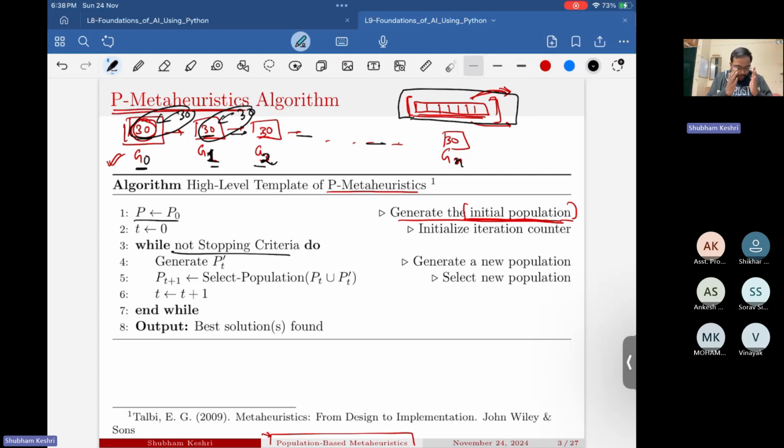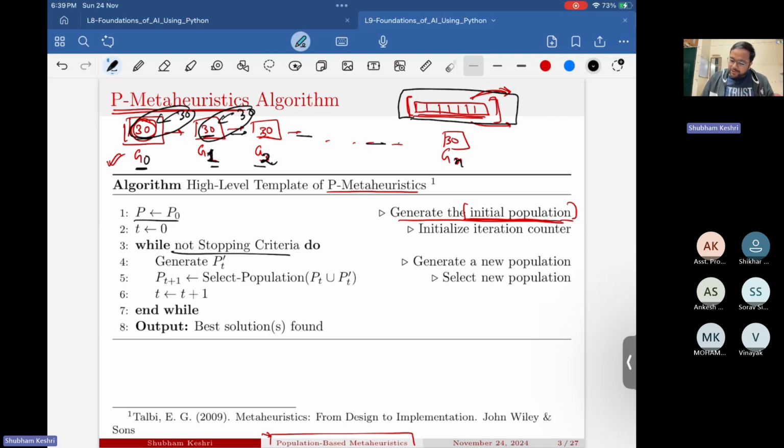Suppose you are at generation 100 and from 100 to 120 the best individual in the population did not change. Then we can safely terminate the genetic algorithm, supposing we have converged to a solution. That can be one stopping criteria. There can be multiple stopping criteria.